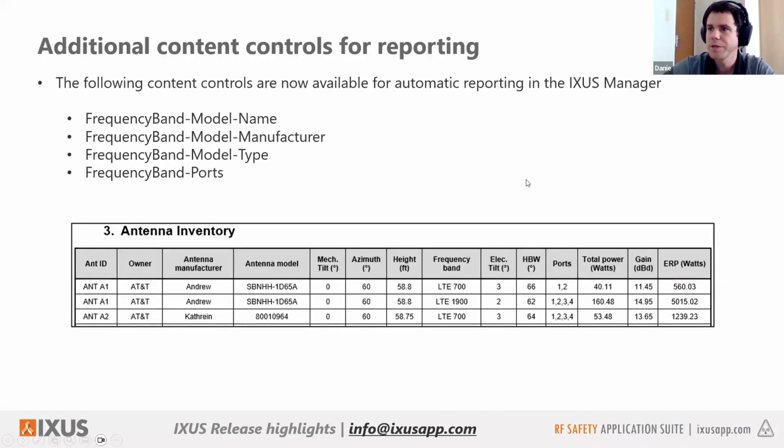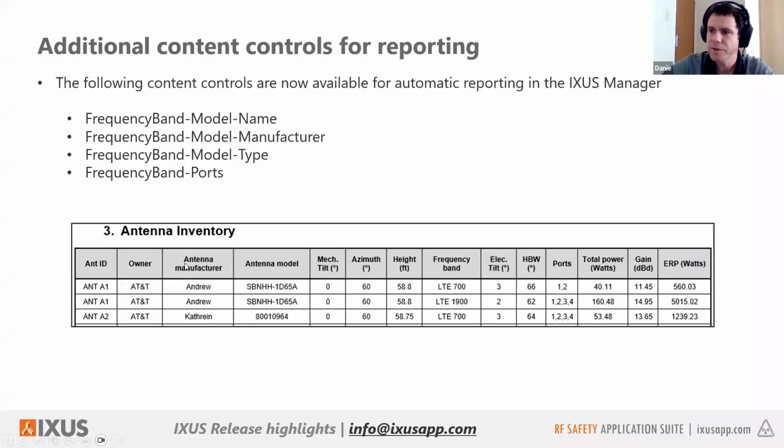The first thing that we have added is a few additional content controls for the reporting services, in particular the frequency band model, which has essentially been split into a few different parts. In the past, it was just one content control that gave you the manufacturer, the model, and I think the model type as well.